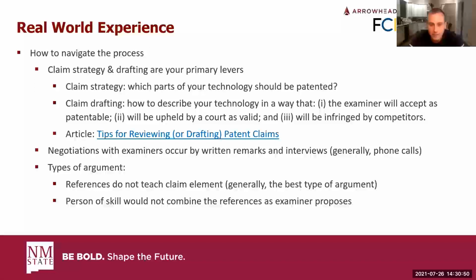I put together an article, tips for reviewing or drafting patent claims. It has some thoughts about how to structure your claim and how to select the words that you're using. But generally, the big picture is you want to find a way to describe your invention in words that will cover what you're doing, what your competitors will likely do in the future, and in a way that does not read on any prior art references.